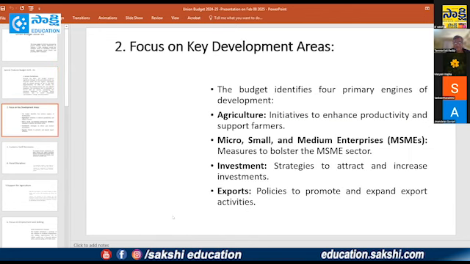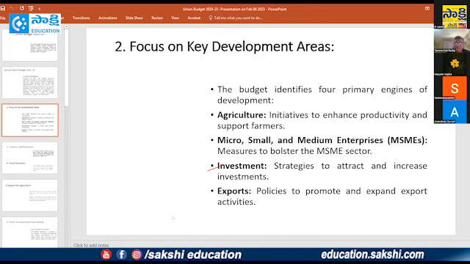The second one is the focus on key development areas. So this budget 2025-26 identifies four primary engines of development. First one is the agriculture sector. Second one is micro, small and medium enterprises. Third one is investment, how to attract foreign investment.